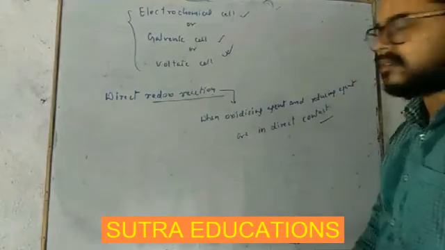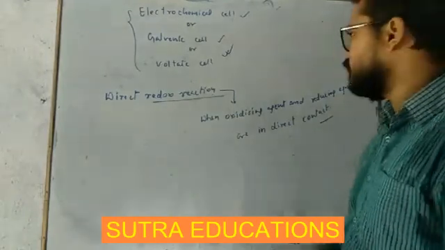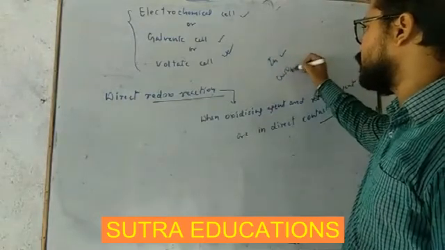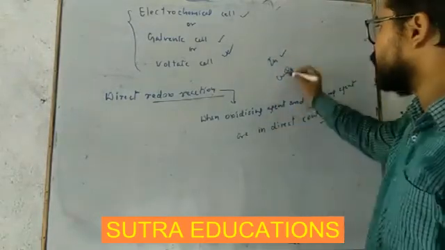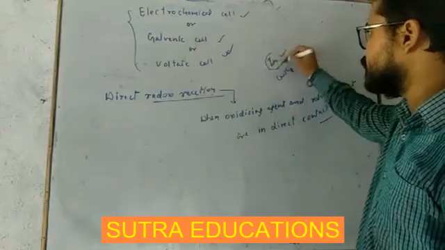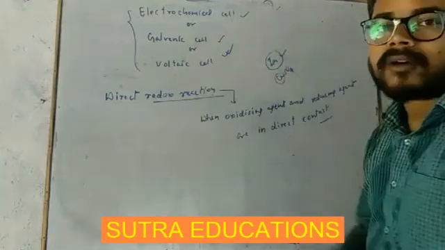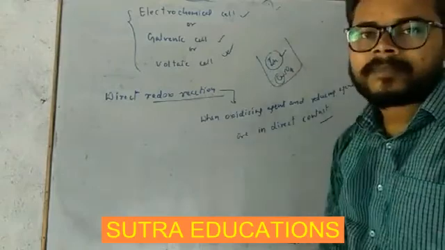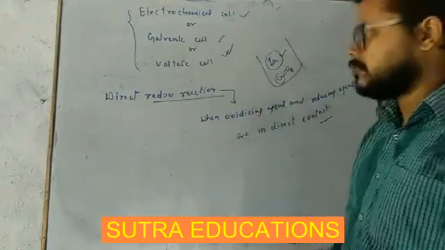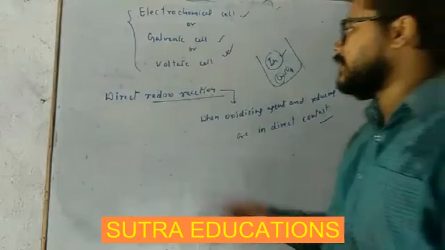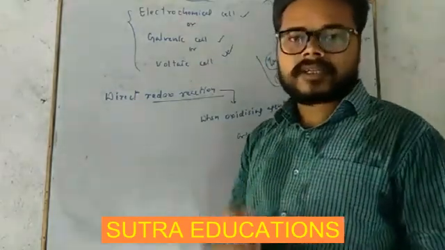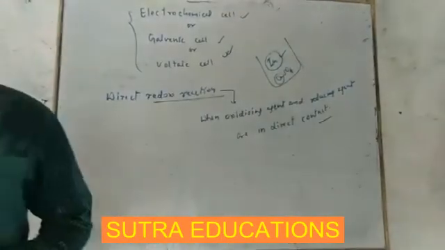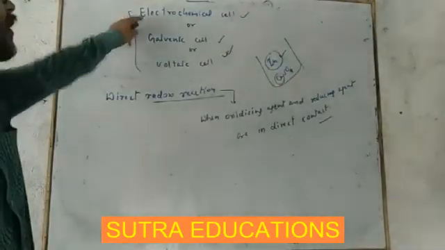In the previous experiment, we saw that copper sulfate, where copper was accepting electrons, was the oxidizing agent, and zinc was the reducing agent, and both were kept in the same container. So they were in direct contact, and we said it is a direct redox reaction. Now just try to understand indirect redox reaction. Then we will come to understand the electrochemical cell.